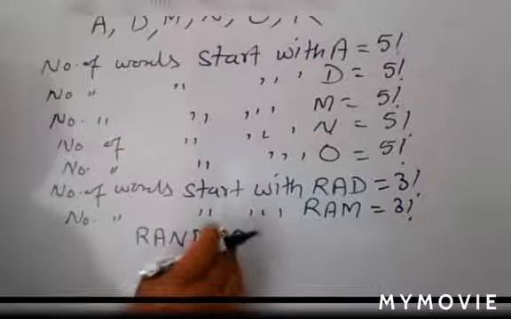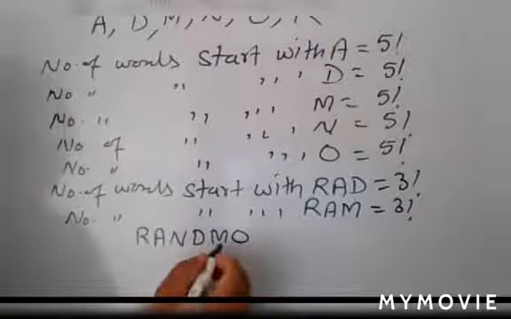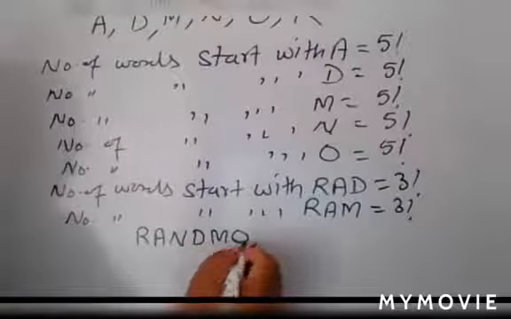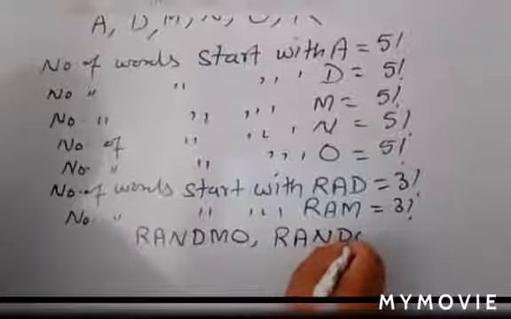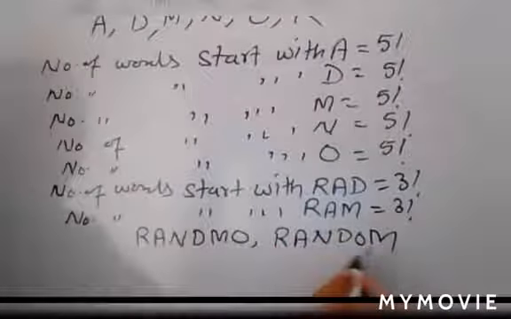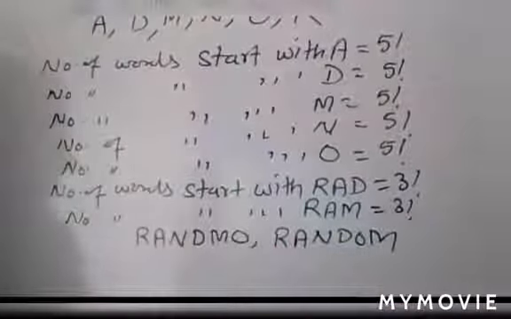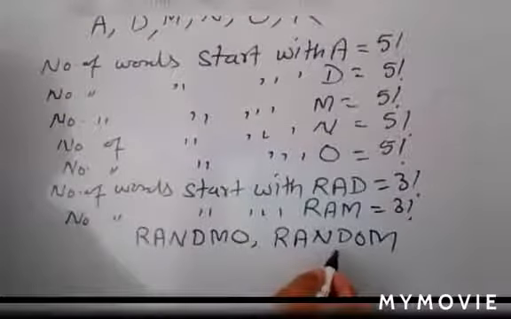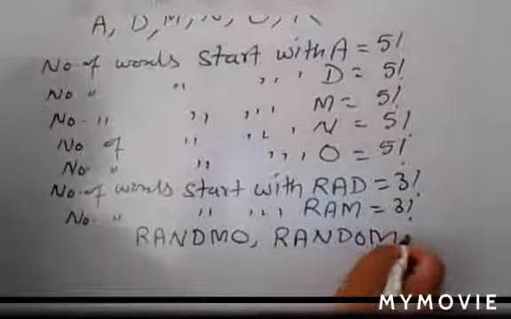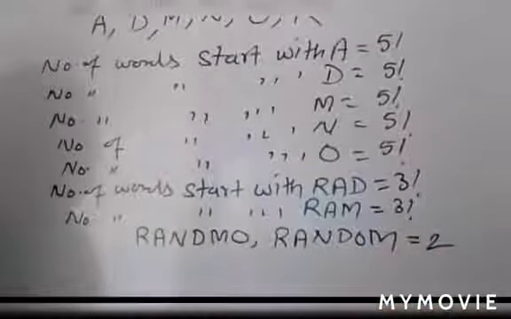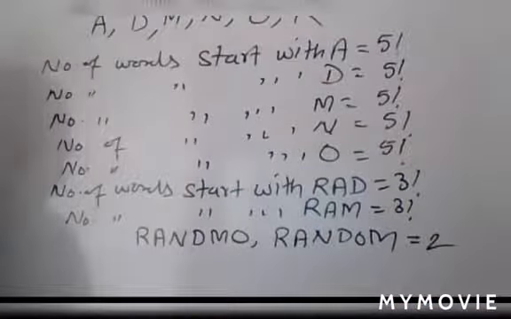So this one is MO, and then after that your word is RANDOM. So in this way you get your required word. Here you have one position, here you have a second position, so here you have a total of 2.